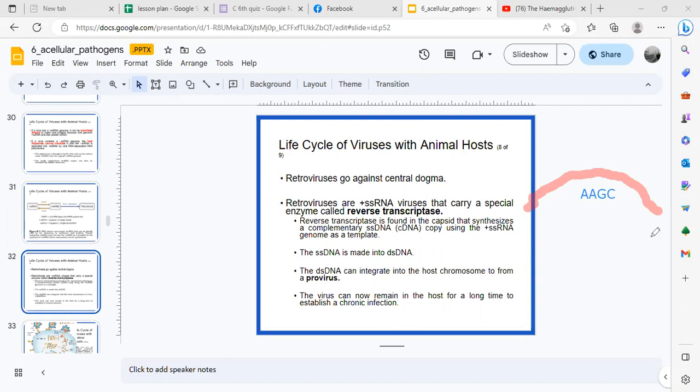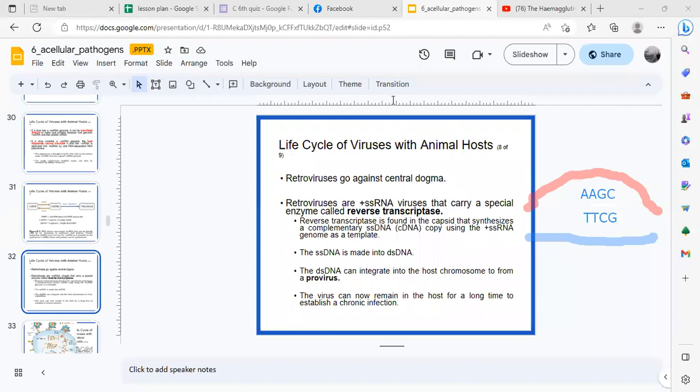So dun sa kabila, gagawa ka na naman ng complementary strand dun sa single-stranded DNA mo. So ano ba yung complementary dyan? So you have, okay, yan, C and G. So meron ka ng double-stranded DNA. Okay?